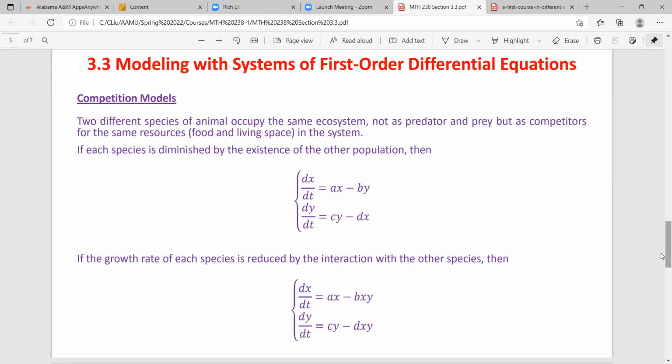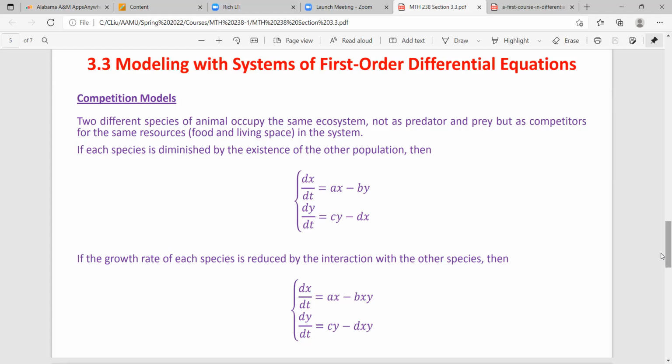So two different species of animals occupy the same ecosystem, not as predator and prey, but as competitors for the same resources. That includes food and living space in the system. Okay, that occurs in nature normally.